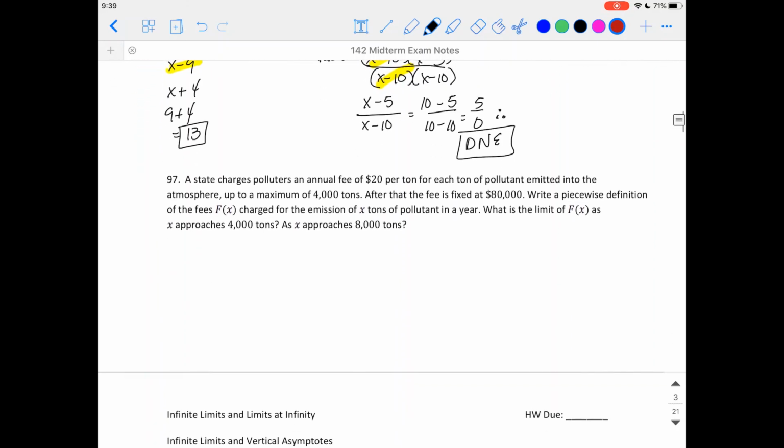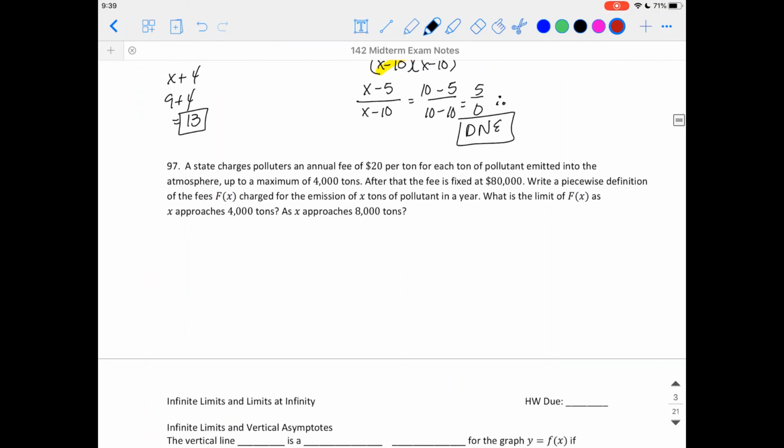Okay, little word problem here. A state charges polluters an annual fee of $20 per ton for each ton of pollutant emitted into the atmosphere, up to a maximum of 4,000 tons. After that, the fee is fixed at $80,000. So write a piecewise definition of the fees f of x. So f of x is going to be $20 per ton, and x is the number of tons of pollutant in a year.